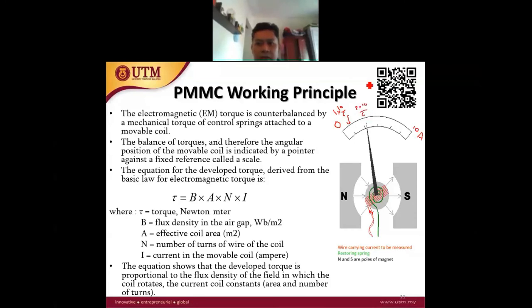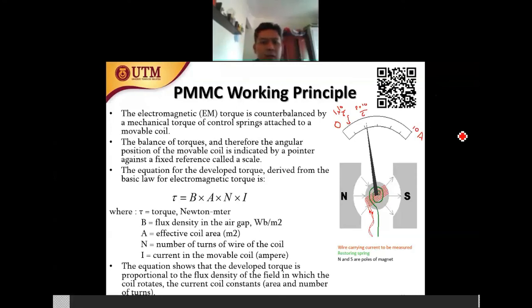This is the scale that I made up. We will of course see how the scale value is calibrated later in the lesson.